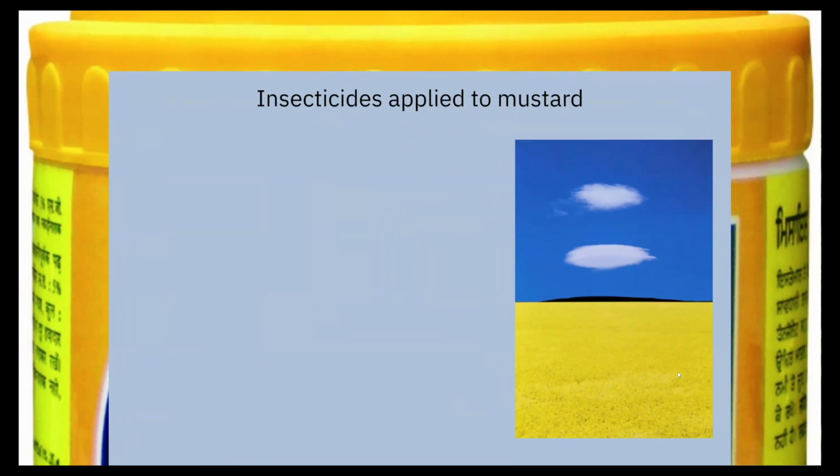Now I want to go into this one, insecticides applied to mustard. Mustard isn't as common as canola, where you have tens of millions of acres of canola and maybe 400,000 to 600,000 acres of mustard grown. But most people think of mustard and canola as about the same thing when it comes to labeling.